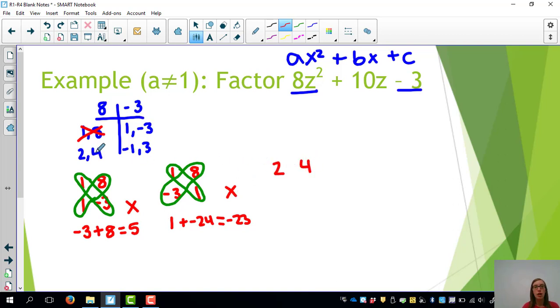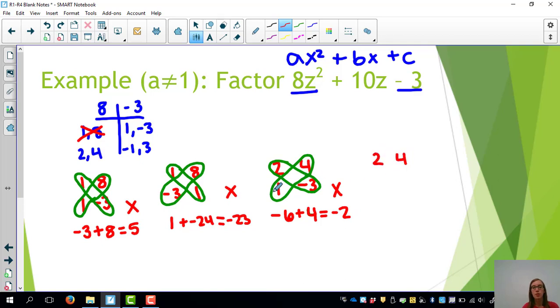So I'm now going to try 2 and 4 with 1 and -3. So now multiplying 2 times -3, which gives me -6, and then add 4 times 1 gives me 4. That gives me -2, not 10, so that doesn't work.